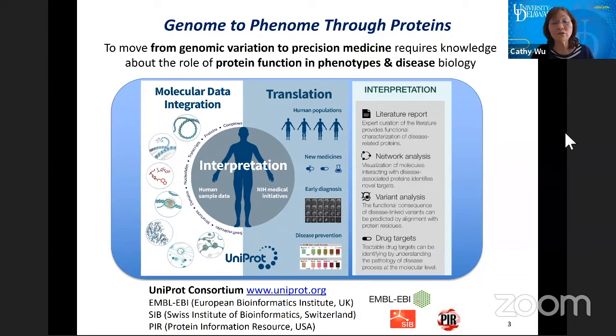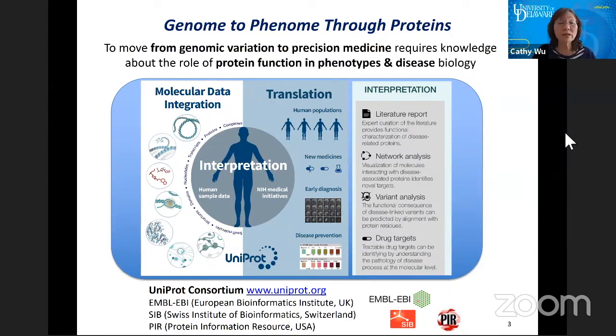As part of the UniProt consortium, our group at the Protein Information Resource, along with our partners at the European Bioinformatics Institute in the UK and the Swiss Institute of Bioinformatics in Switzerland, have developed the UniProt knowledge base as a central international resource to put together comprehensive protein sequence and function information for all organisms from human to microbes.